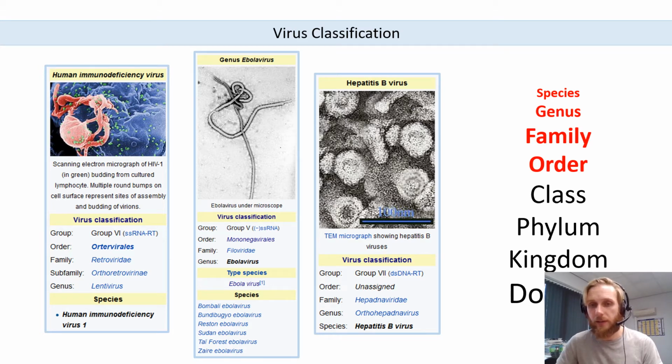It's an issue, and there are a lot of people researching hepatitis B virus. However, despite this, we don't really have an understanding of how it is related in an evolutionary sense to most other viruses. So don't think that all the viruses that don't have orders assigned, all the viruses that don't fit on these mini trees of life, are just unimportant, or they just haven't been studied, because that's not the case.